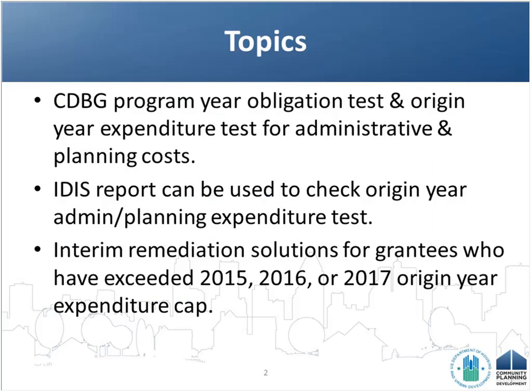Second, we'll introduce the IDIS report that can be used to check the Origin Year Admin Planning Expenditure Test. And third, and that's also a very important one, we will introduce the interim remediation solutions for the grantees who have exceeded the 2015, 16, 17 Origin Year Expenditure Cap.